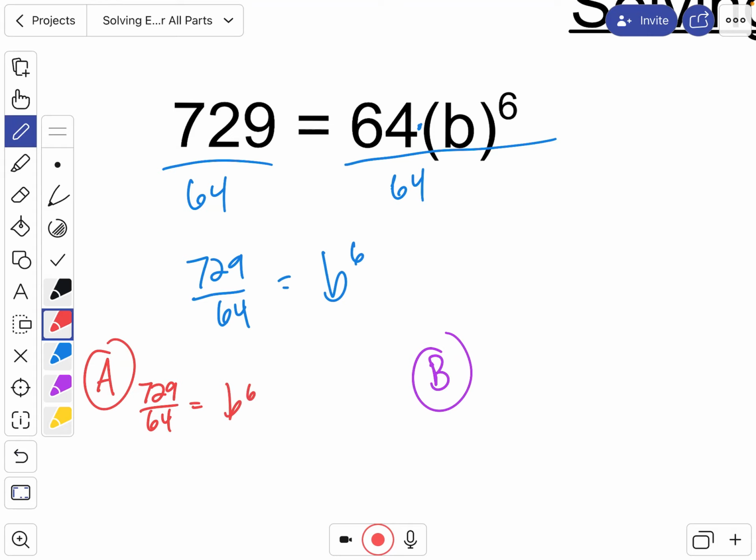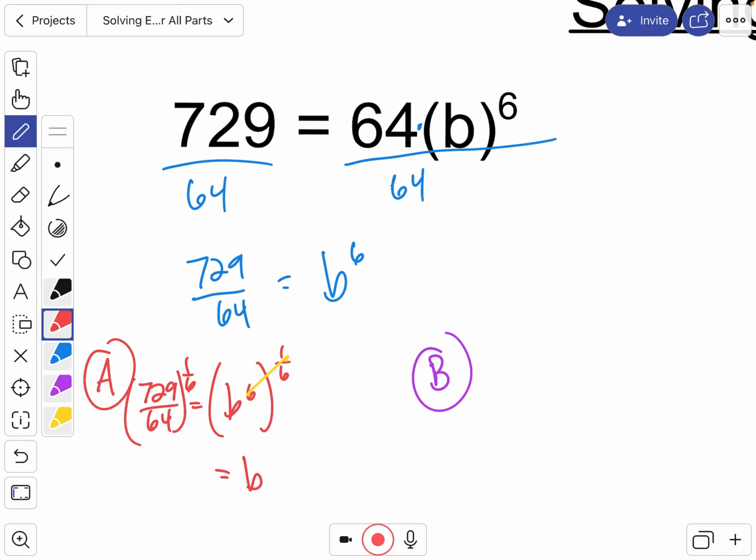If we want to cancel out the 6th power, we can take both sides to the 1/6 power. One thing we learned is that when you have an exponent to an exponent, you multiply those, and 6 times 1/6 is just 1. So that turns into b equals, and then we do 729 over 64 to the 1/6.